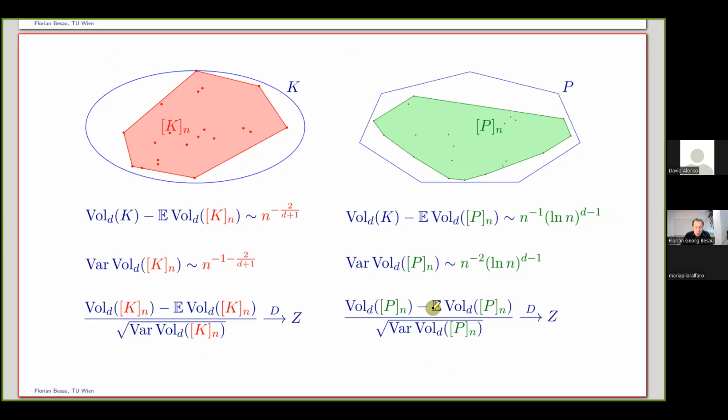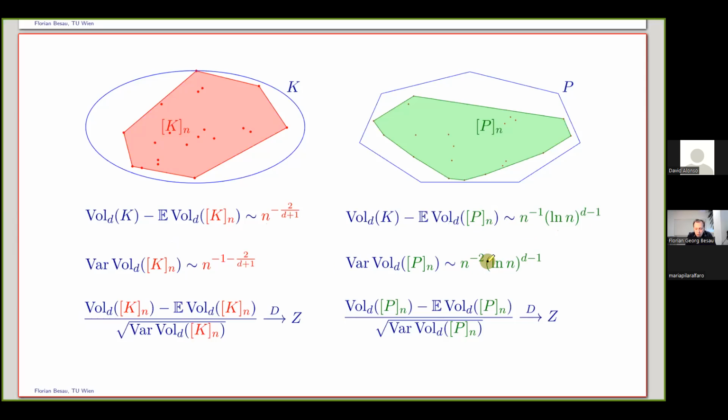Okay, so these are the 2 worlds I want to compare, and in a moment move on to the spherical setup. Just to highlight this, again, we know the rate of the volume difference, which was of the order 1 over n to the power 2 over d plus 1. And for the polytopal case, we have 1 over n times some logarithmic term.